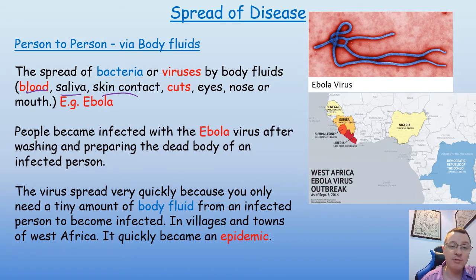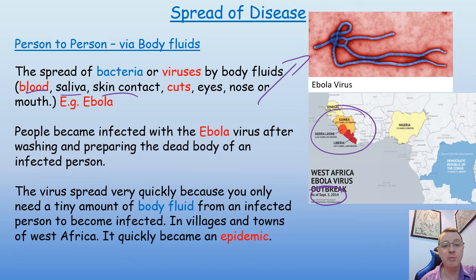An example of this is Ebola, and we can see here this is the Ebola virus, and in September of 2014 there was an outbreak of the Ebola virus in West Africa, in areas around Guinea, Sierra Leone and Liberia. And people would often become infected with the Ebola virus after washing and preparing the dead body of an already infected person, following cultural rituals and norms of the area.